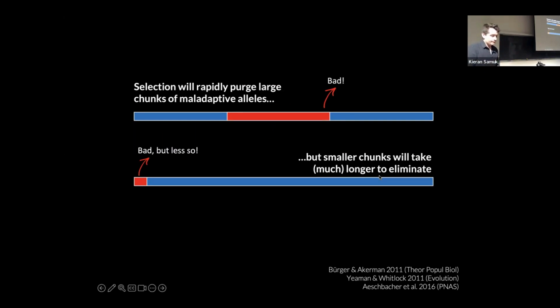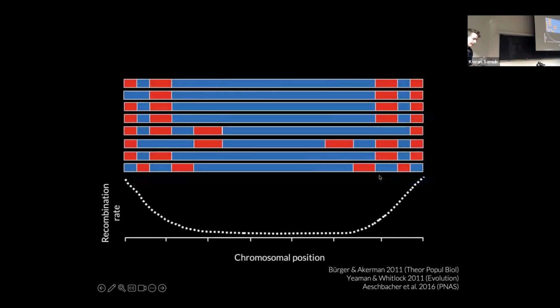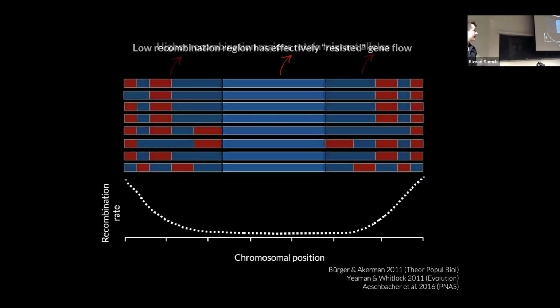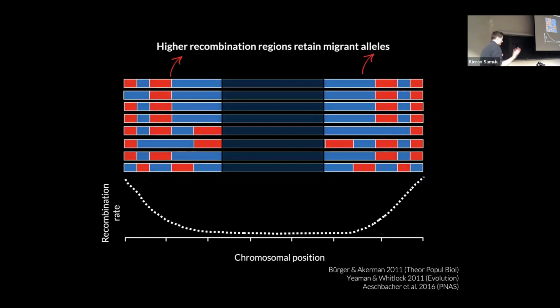So if you think this idea through, and luckily some smart person did, we might end up with a situation like this after gene flow, where the core of the chromosome has effectively resisted recombination by being more efficient at purging those maladaptive alleles, whereas the periphery of the chromosome is less resistant and maintains a lot more migrant alleles.